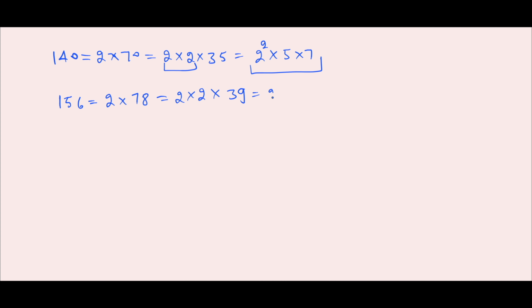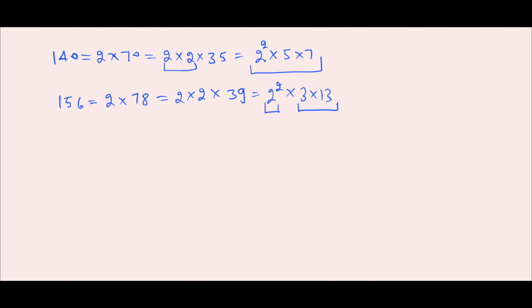Now 2 has come 2 times, so 2 square, and 3 plus 9 is 12, and 12 comes in the table of 3, so we can divide it by 3, so it will be 3 times 13. Now 3 and 13 cannot be broken down more, so we can see that 156 has two 2's, one 3 and one 13. So these are the smallest particles from which 156 is made up. We cannot break it more.